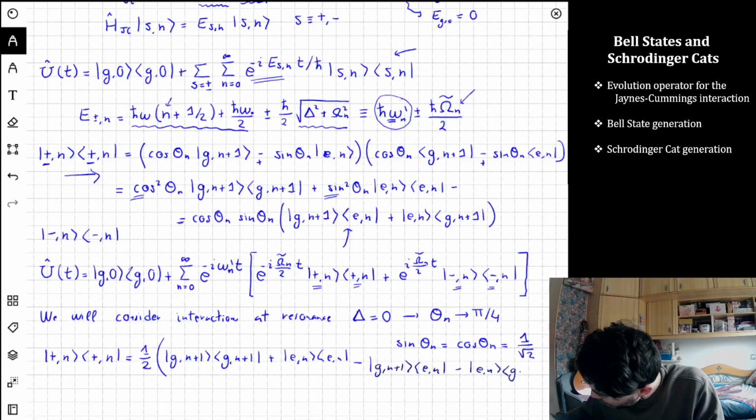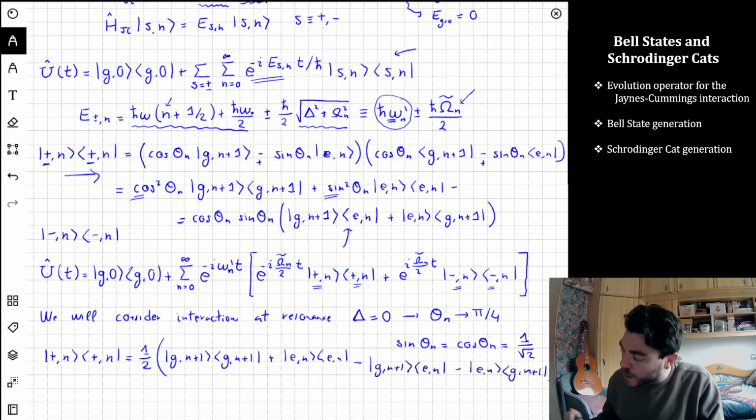Excited state n, ground state n plus 1. This is just for the particular case in which the interaction is resonant.